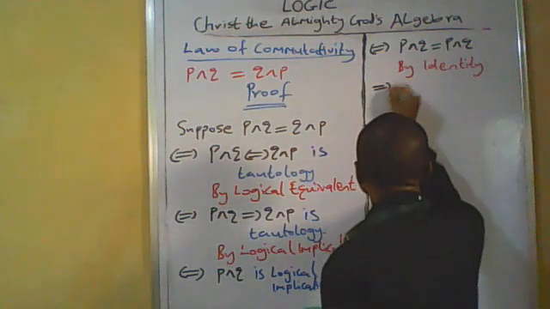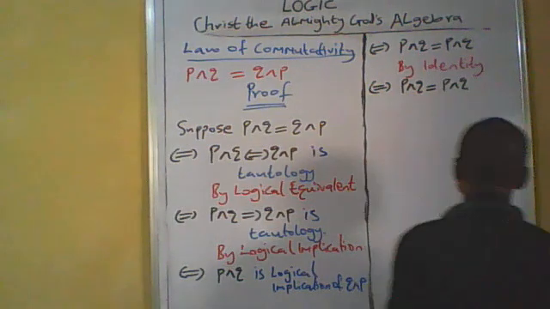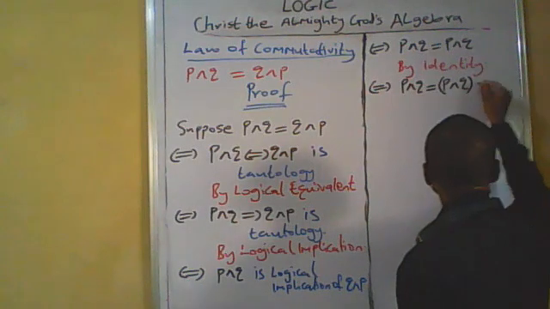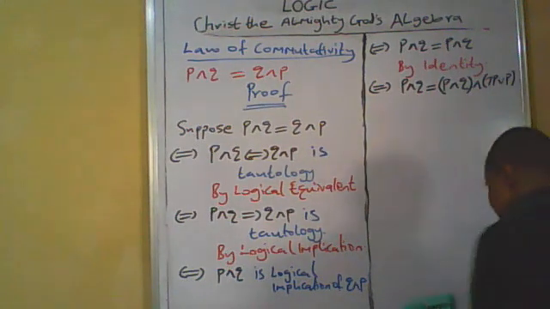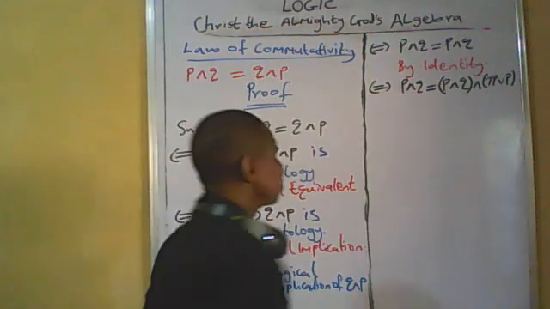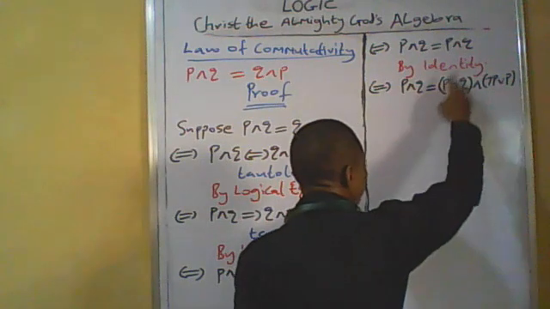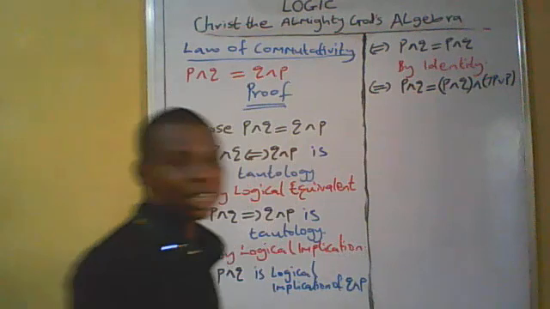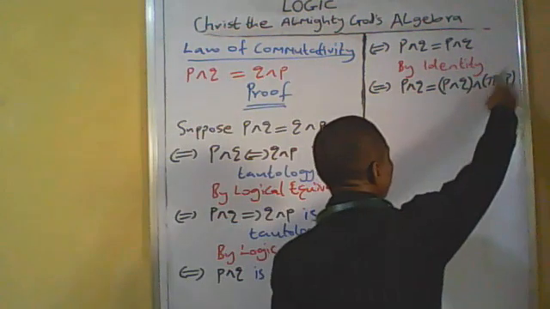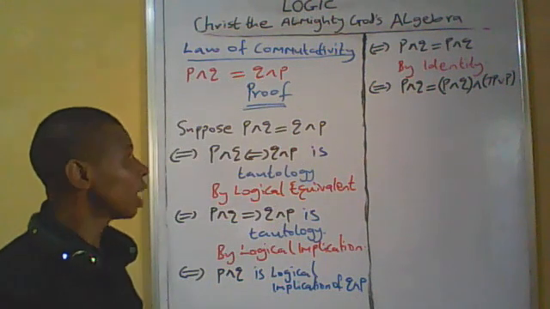If and only if P and Q is equal to P and Q and bracket not P or P. So we add this bracket not P or P to P and Q. This P and Q is added with and bracket not P or P and is still equivalent, because this not P or P is equivalent to T, and T and with any term is the same thing as that term by the law of identity.